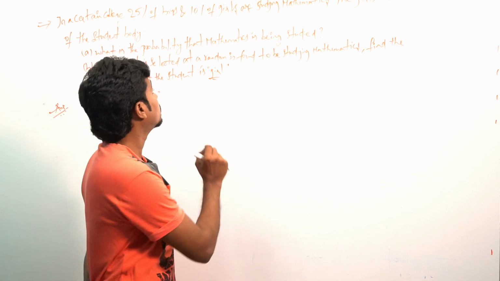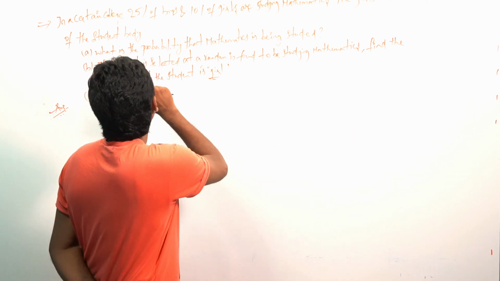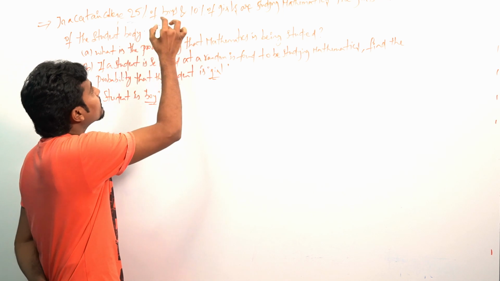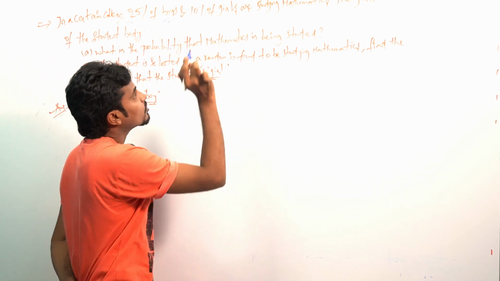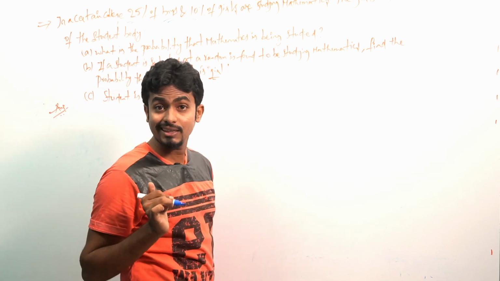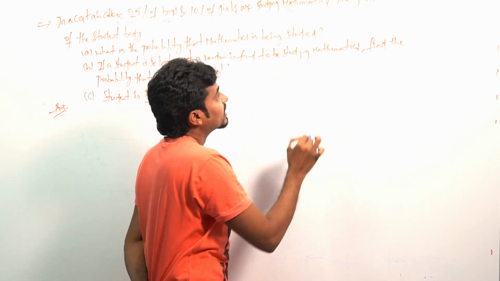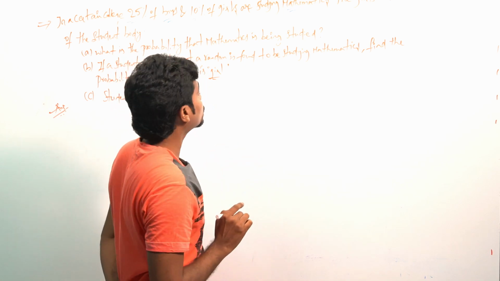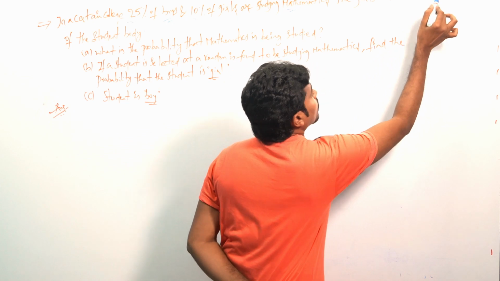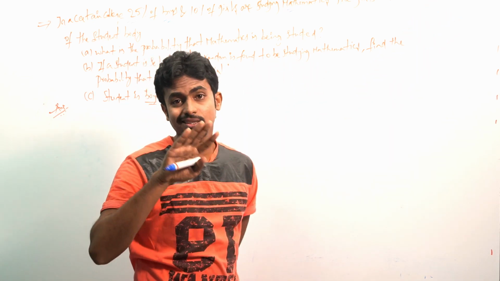So in this question, in a college, 25% of boys and 10% of girls are studying the mathematics subject. The girls constitute 60% of the student body. Here we don't know the total strength of the class.